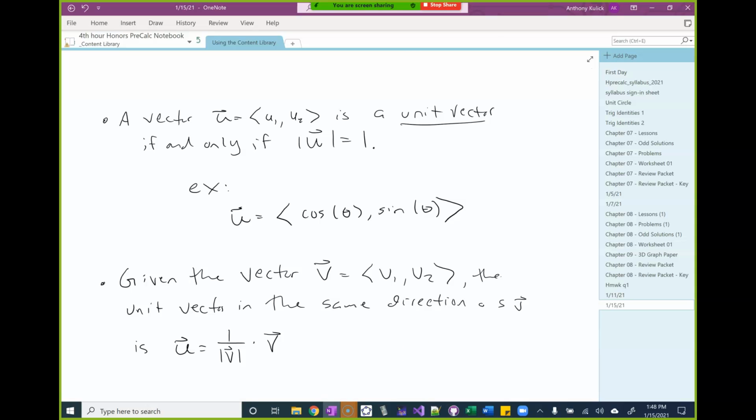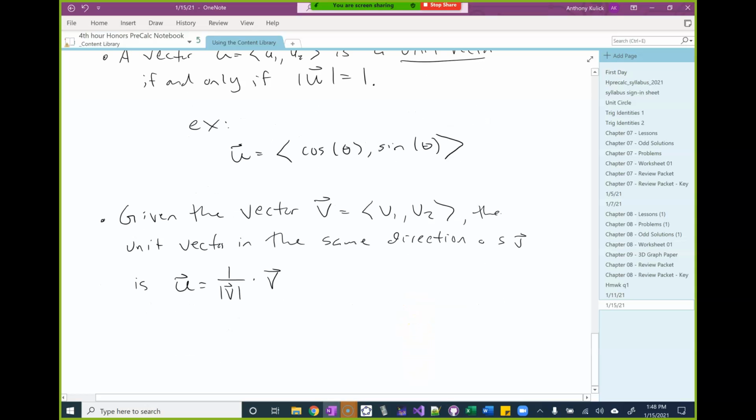So given the vector v, we can find a unit vector in the same direction of v by taking the reciprocal of the magnitude of v and scalar multiplying that to v.